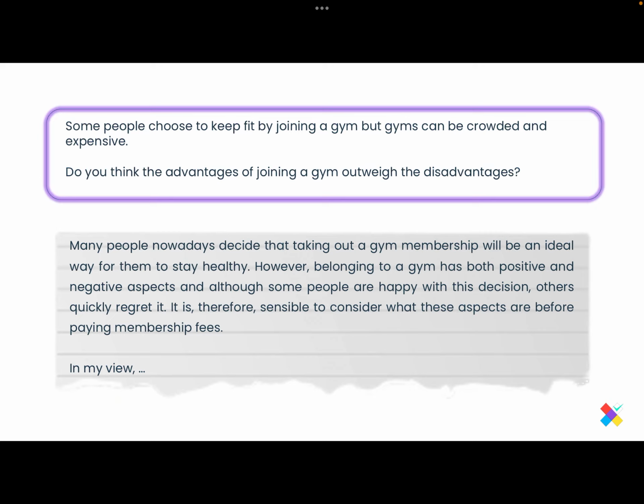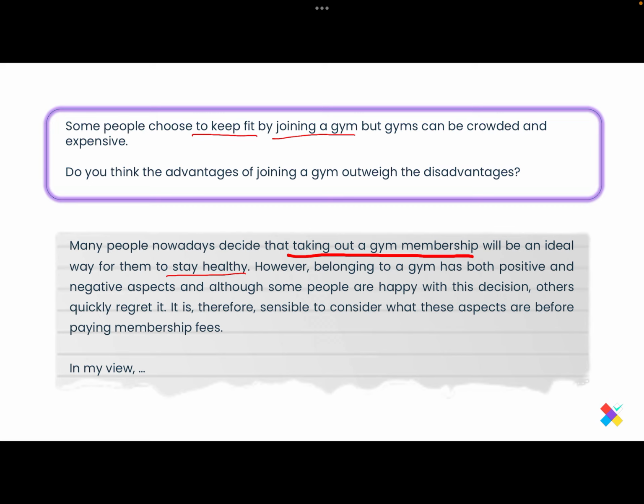Okay, let's see how this candidate paraphrased the question. First of all, we started with "many people nowadays decide that taking up a gym membership" replacing "joining a gym," and "stay healthy" replaced with "keeping fit."